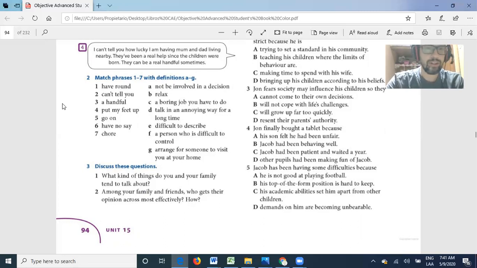Maybe they're not very common for us, so that's why it's very important for us to know the meaning of them. Remember that in the platform you're going to find the answers for this, but before that, try to match this, and then please try to practice these questions. What kind of things do you and your family tend to talk about? Or among your family and friends, who gets their opinion across most effectively and how?